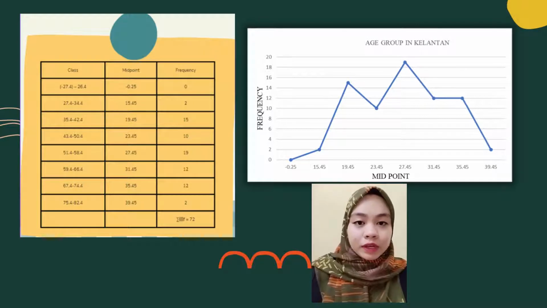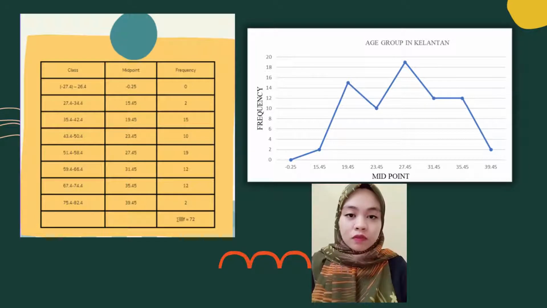For the frequency polygon, we have classes, midpoint, and frequency. For the graph, we use midpoint and frequency. The midpoints are negative 0.25, 50.45, 19.45, 23.45, 27.45, 31.45, 35.45 and 39.49.